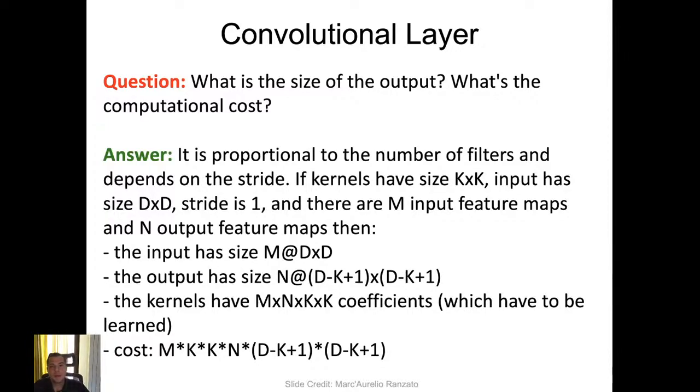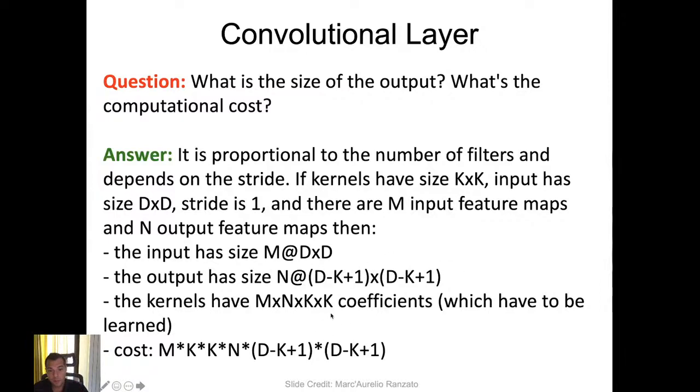So now, I asked you for some specific answers for this example, but in general, the size of the output is equal to n, which is the number of filters, and the spatial dimension depends on the size of the input volume and the size of the filters. Of course, we are assuming here that the stride is 1 and we have no padding, otherwise this formula will be slightly different.